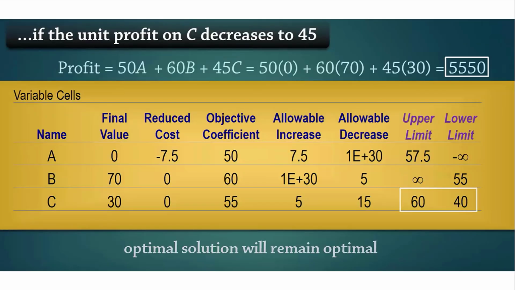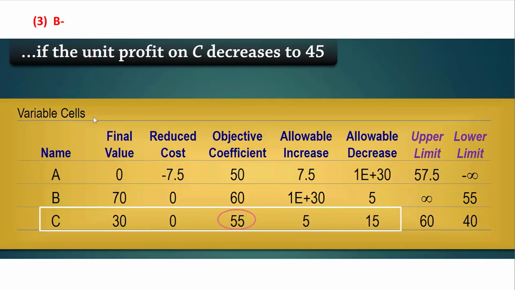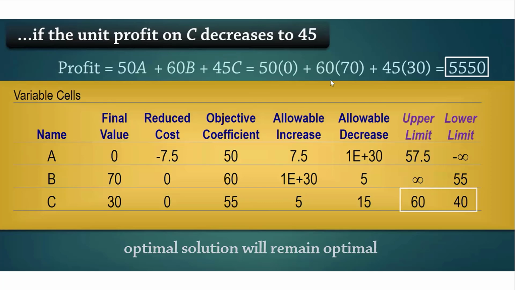We can substitute the unit profit on C in the objective function. Instead of 50 multiplied by 30, we can write 45 multiplied by 30 plus 60 multiplied by 70 plus 50 multiplied by 0. So the optimal solution will equal 5550.